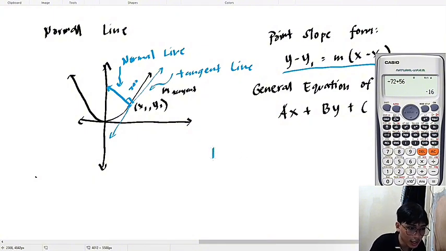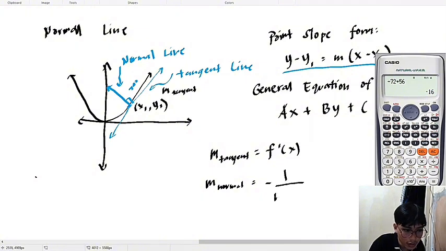So knowing that to get the equation of the tangent line, we have to get the first derivative, which is m, the slope, equals f prime of x. But the slope of the normal line, or normal to the curve, is simply the negative reciprocal of the slope of your tangent.